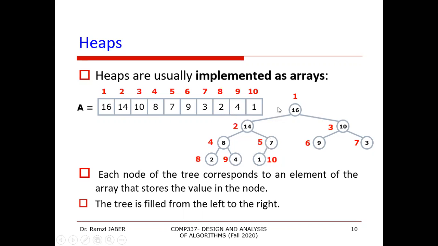So we fill it by rows, not by columns, by rows. So 16 will be the first, 14 the left child, 10 the right child, then 8 will be the left child of 14, 7 will be the right child of 14, and so on. Okay? Any question here?